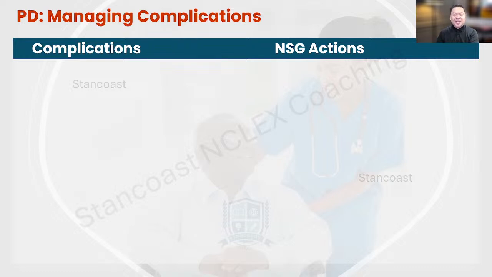Now, one of the complications that we need to manage is peritonitis. This is a common NCLEX scenario that will be asked, okay? Peritonitis is the infection of the entire section inside the abdomen, where the effluent or the drainage, or the solution, has come in contact.